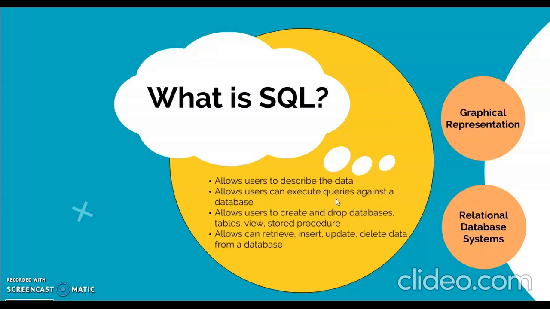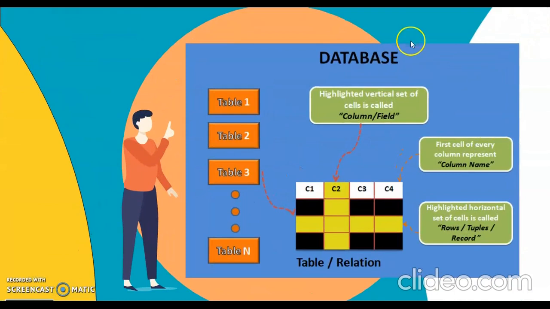So let's see the graphical representation of a database. A database consists of many tables depending on the user's choice. If I consider a single table, it comprises columns, which are vertical sets of cells, and rows, which are highlighted as horizontal sets of cells.